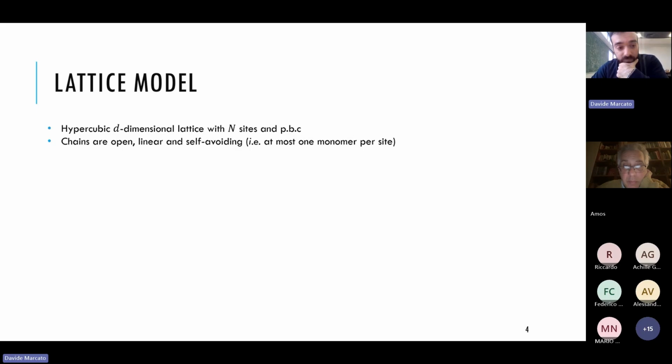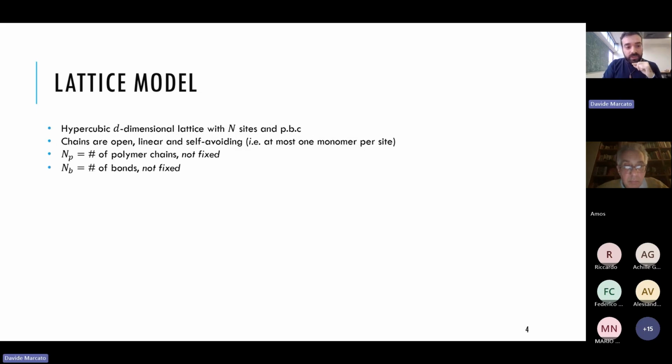They are open, first of all, so you cannot have closed rings. They are linear, in the sense that there are no branching points. And most importantly, they are self-avoiding, which means that there is an excluded volume interaction between the monomers. This is enforced in the model by saying that you can have at most one monomer per lattice site.